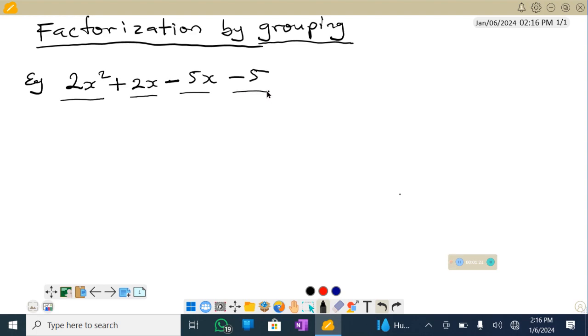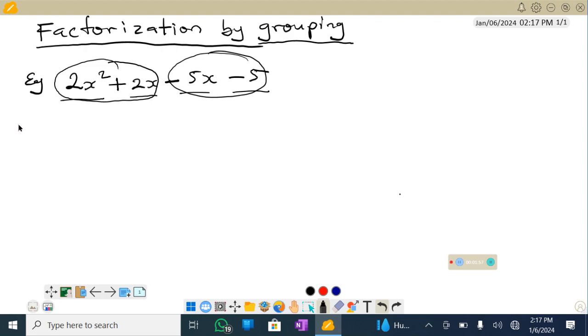So for us to be able to factorize a problem of this nature, we need to group two together, then group the other two together. When we achieve that, we can factor out what is common in the two groups. Then we now have a common bracket. Most times that's what we normally have. So we are going to solve a problem of that nature.